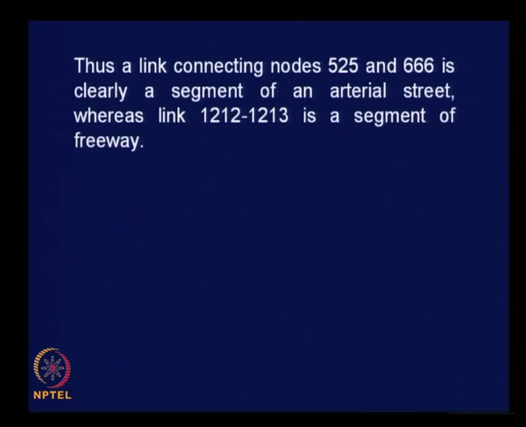We are not looking at the network map, we are looking at the numbers, still we are able to perceive the type of link because of this methodology of giving numbers for the nodes, right.